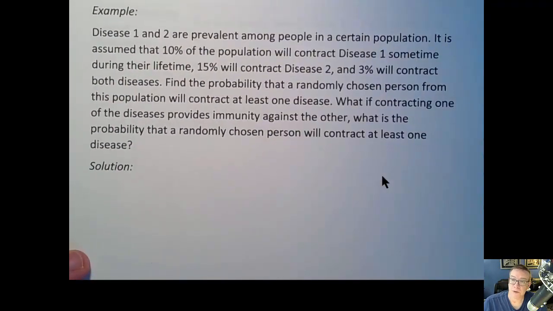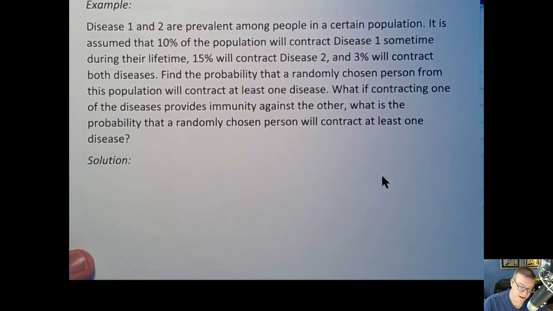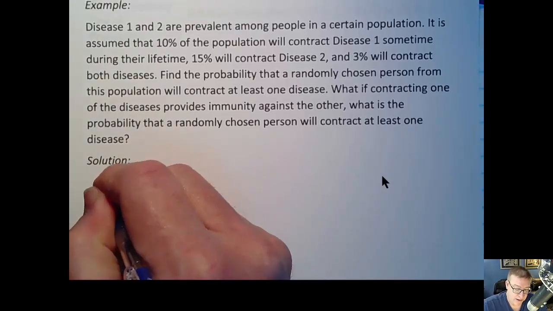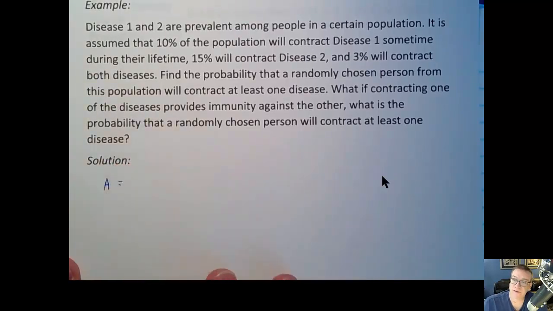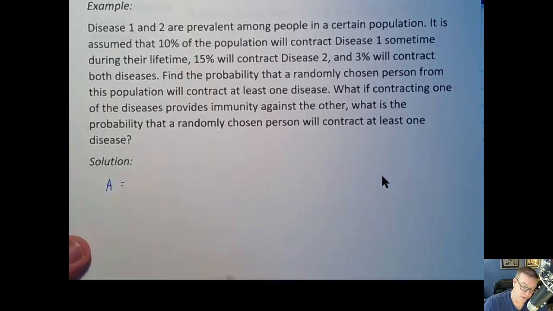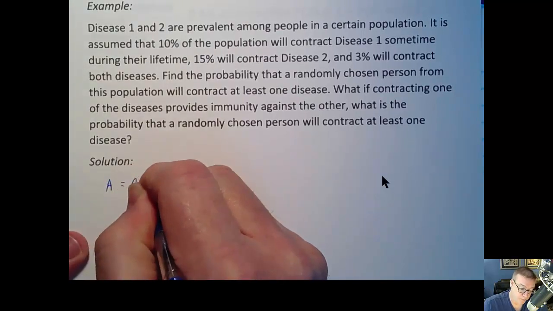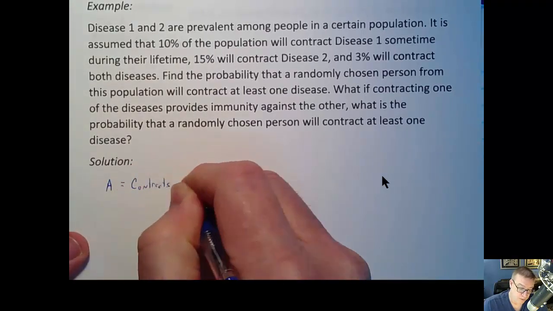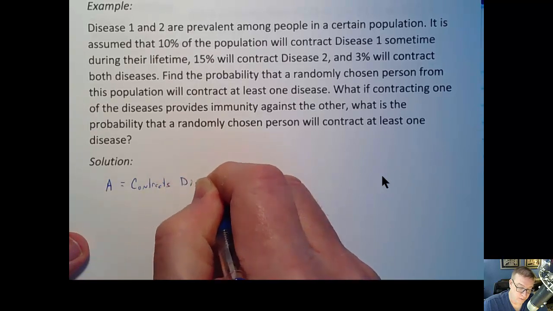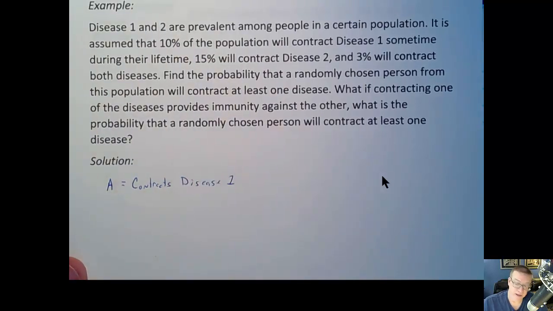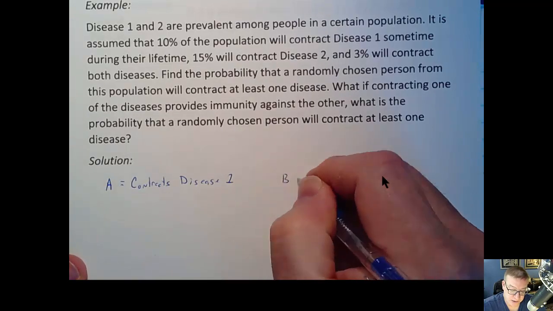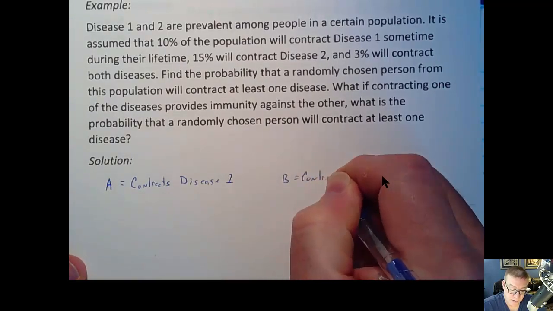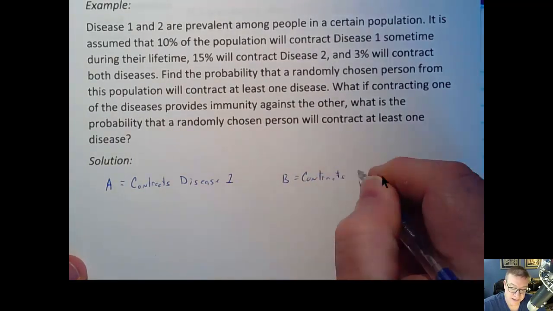Okay, so let's define event A to be the event that someone contracts disease 1. And event B will be that someone contracts disease 2.